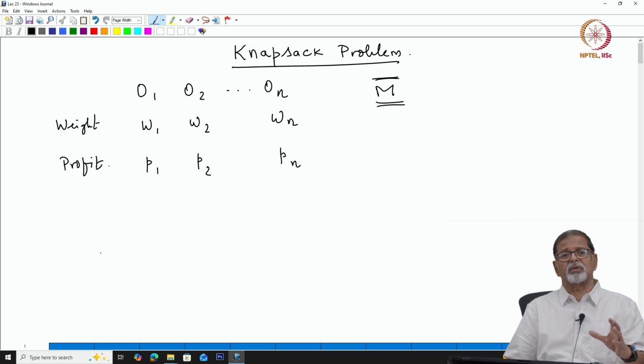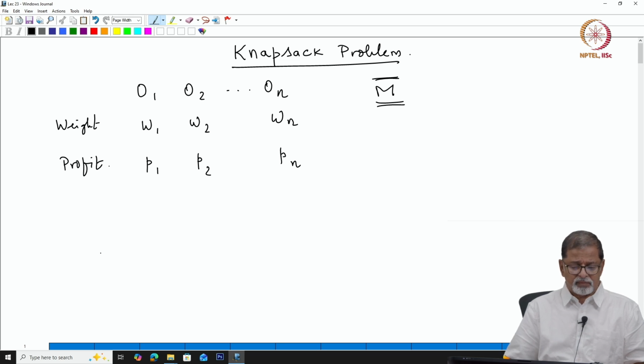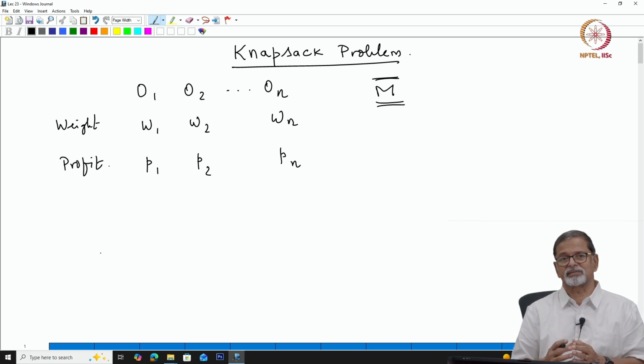The maximum amount of an object that you can pick is 1 unit, okay, and a single unit of O1 for example weighs W1 and it yields a profit P1, and you can take any fraction of that object, okay, to fill your bag.